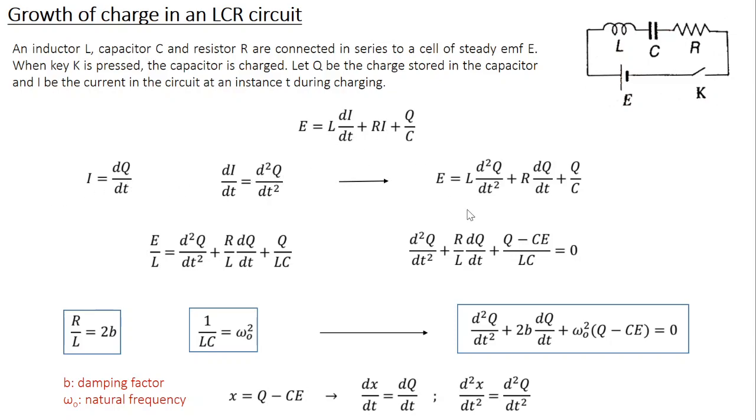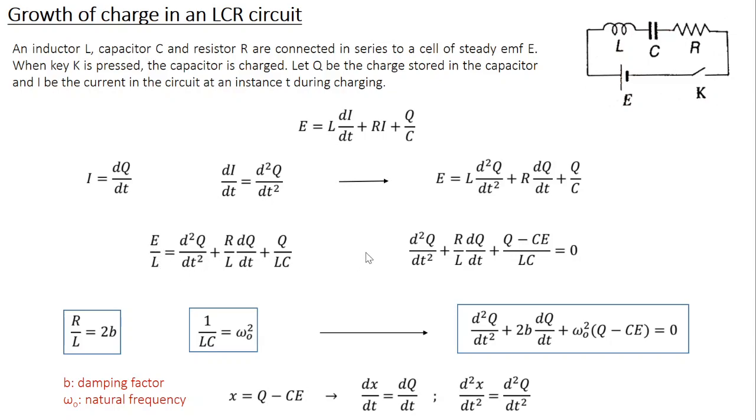The EMF equation becomes E equal to L into d square q by dt square plus R dq by dt plus q by C. Divide the equation by L, you get E by L equal to d square q by dt square plus R by L into dq by dt plus q by LC.